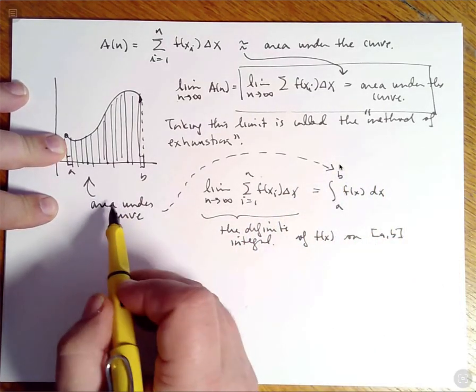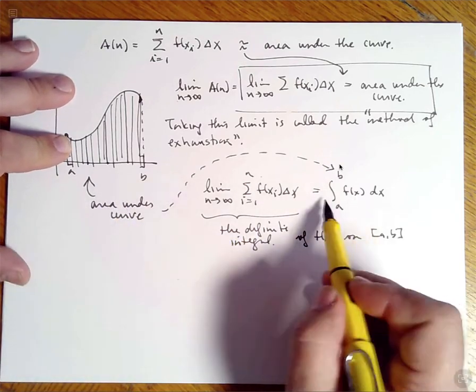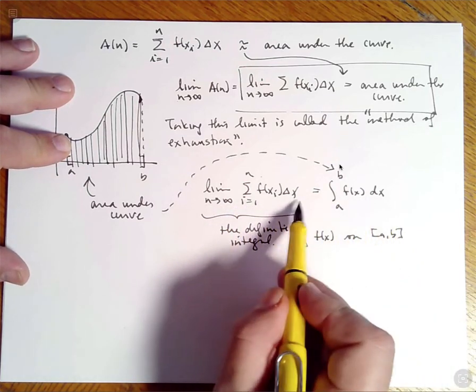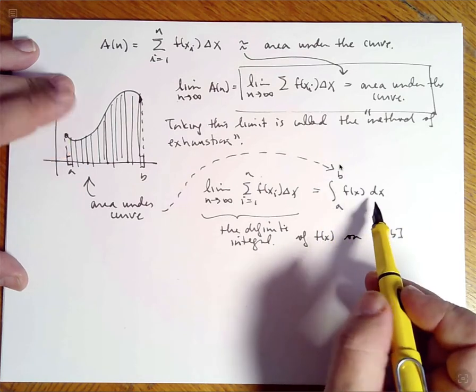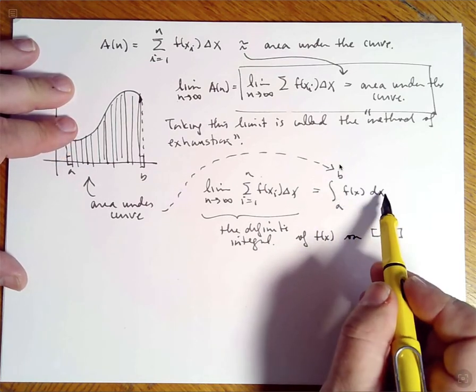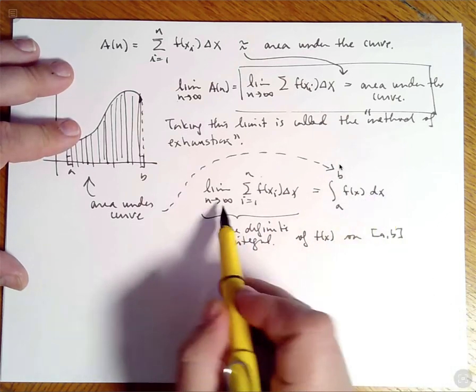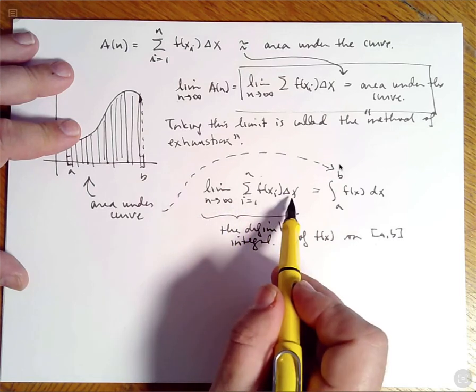It means area under the curve. You'll see that when we calculate these definite integrals, although they're defined this way, there's a thing called the fundamental theorem of calculus that's going to give us a different way to calculate these that's much more straightforward. We're going to prefer it over using this because this is kind of gory. This is kind of hairy.